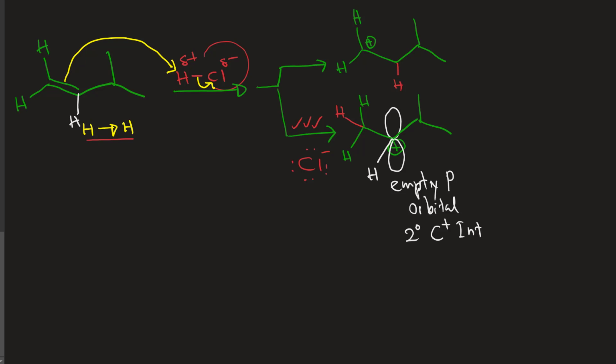In this case I draw it to show you can attack with the chloride nucleophile to the bottom of the p lobe. So that way it's a bottom attack, right? And then you will get the chloride attached from the bottom of the carbocation intermediate.